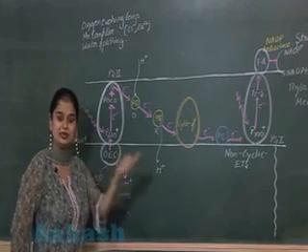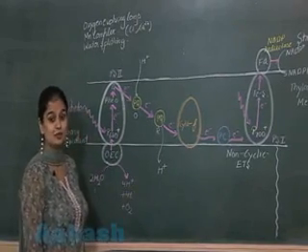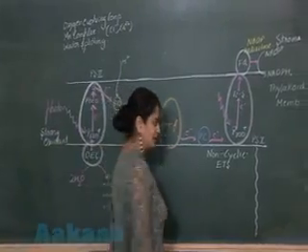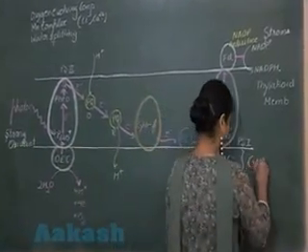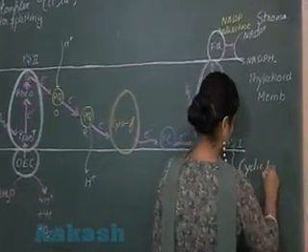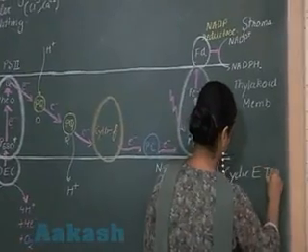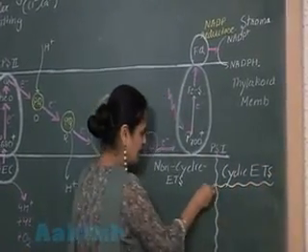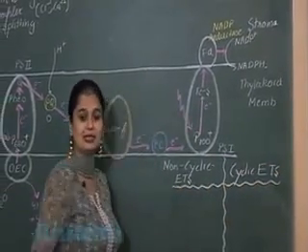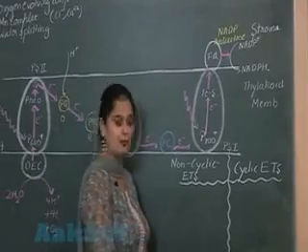But in the thylakoid membrane, there is also presence of cyclic electron transport system. Thylakoid membrane में cyclic electron transport system भी present है. Let's see how this cyclic electron transport system will operate.